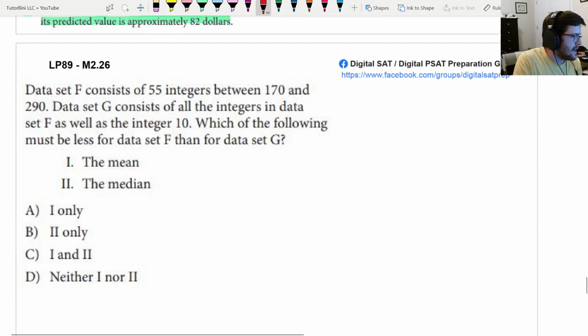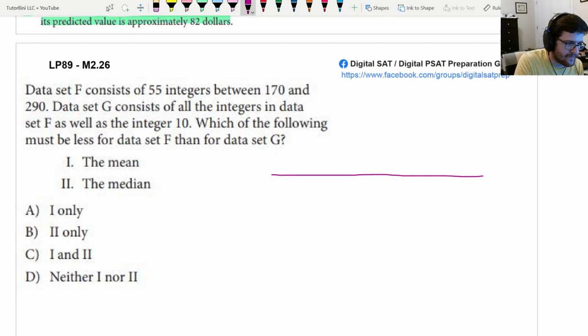All right, this is a classic problem. Dataset F consists of 55 integers between 170 and 290. So all of a sudden, we are going to chuck in the integer 10. So we have a bunch of numbers from 170 to 290.